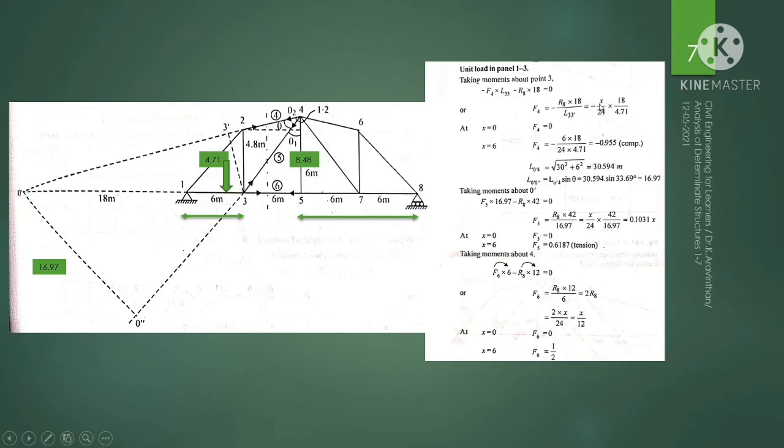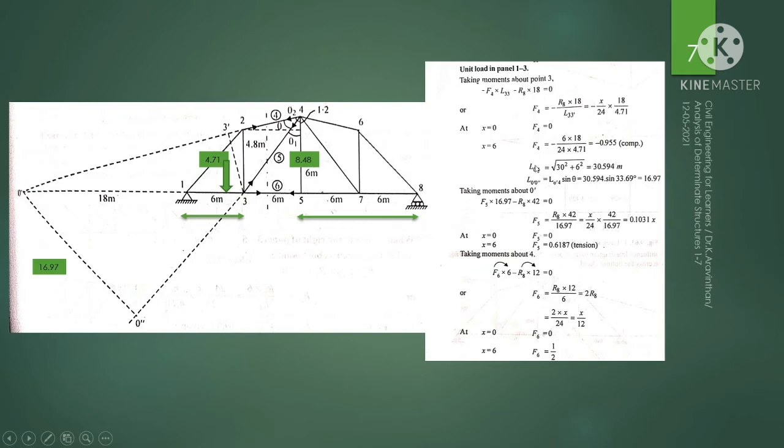If you substitute X equal to 0 for F4, you will be getting 0, and if you substitute X equal to 6 for the joint 3, 6 into 18 divided by 24 into 4.71. So this is in terms of negative, you will be getting compression, minus 0.955. Now we have found out the member 4.